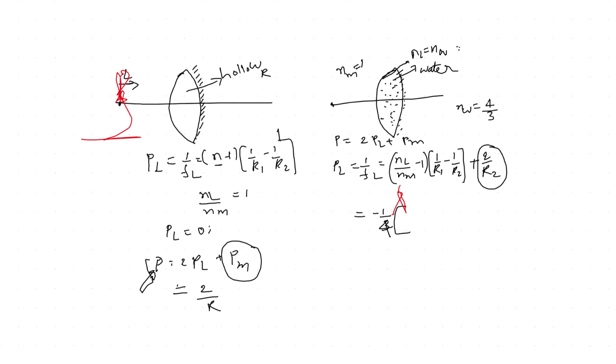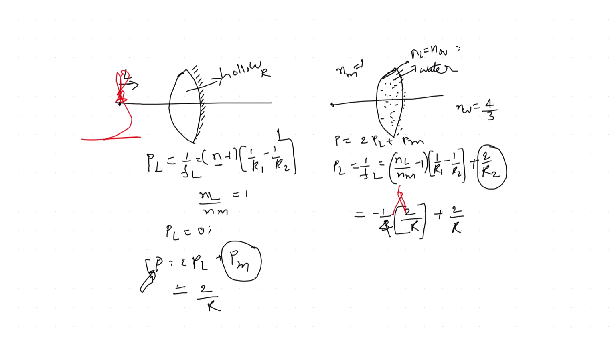Therefore positive will come. If the two radii are the same, then 2 by R will come, plus again 2 by R for the mirror, and positive only. It is a confirmation. 2 by R.